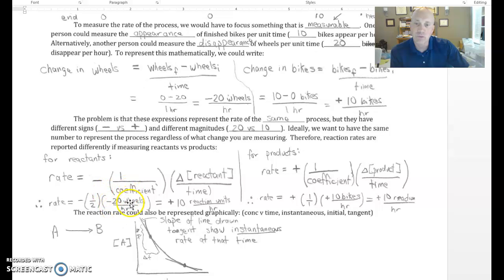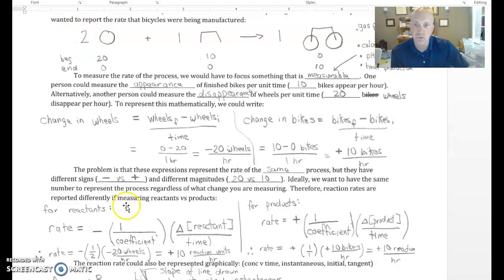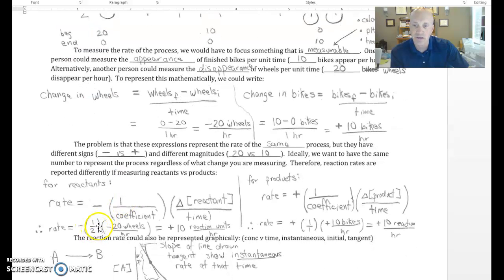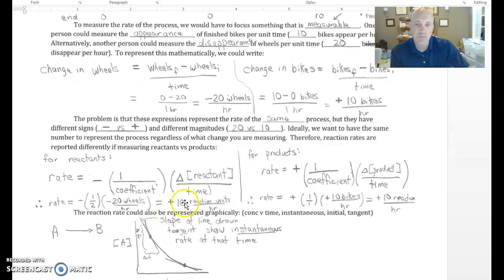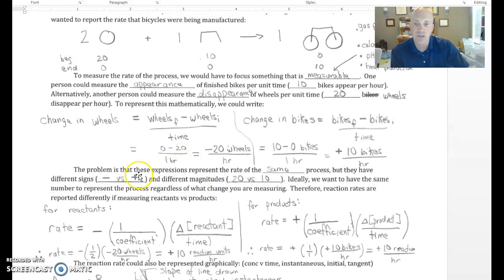So since the coefficient for wheels is 2, I'm going to put that right here in the expression. And when we do this, we end up calculating that that would be positive 10 reaction units per hour.